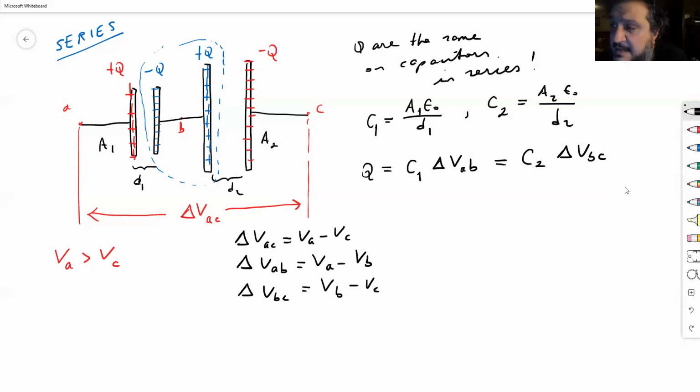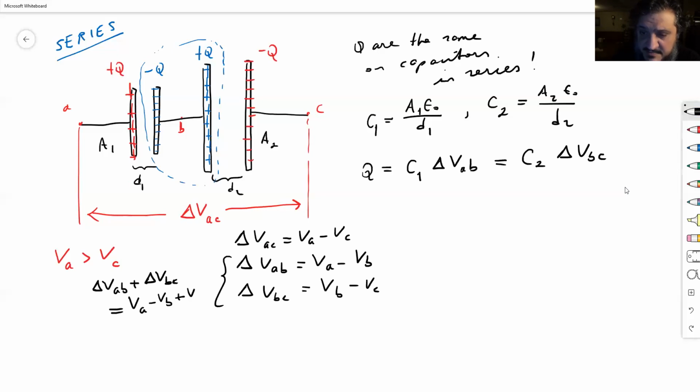Now take these two potentials, and add them up. Delta VAB plus delta VBC. If you add them, what do you get? VA minus VB plus VB minus VC. These two cancel, and you get VA minus VC, which is delta VAC.